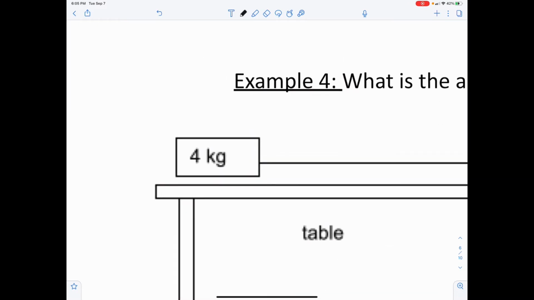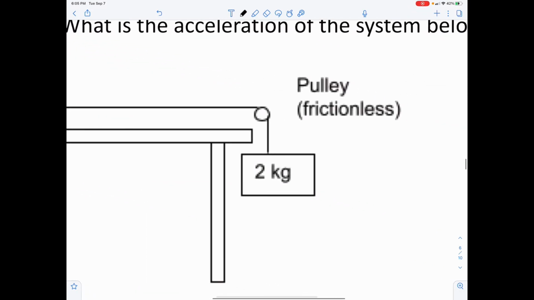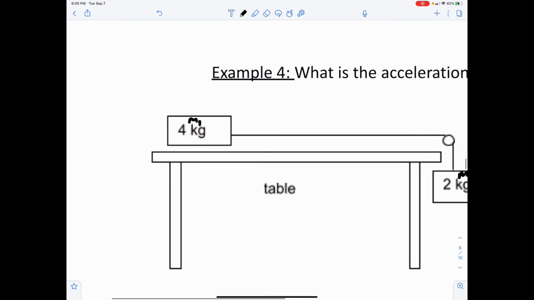I'm going to refer to this one as mass number 1, and I'm going to refer to this one as mass number 2, which means this is going to be weight 1 equals mg. Notice I'm using weight instead of F sub g. You could use either of those.